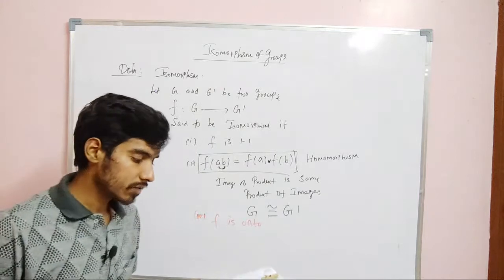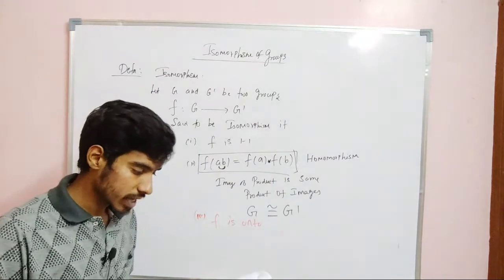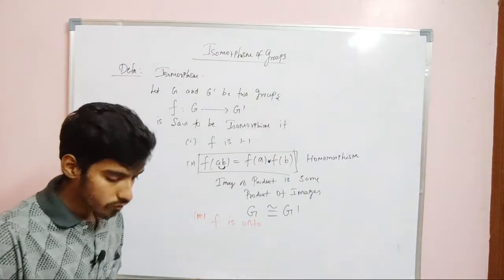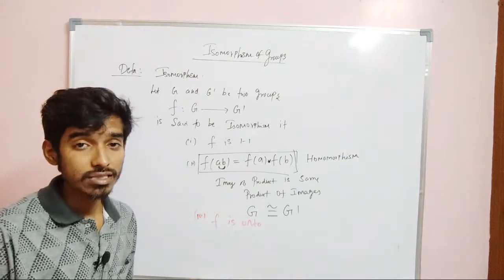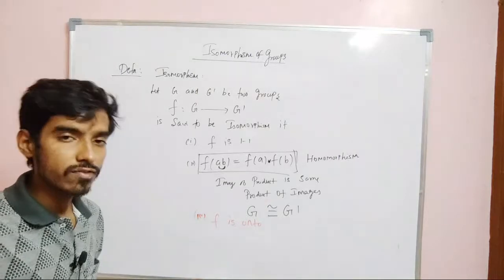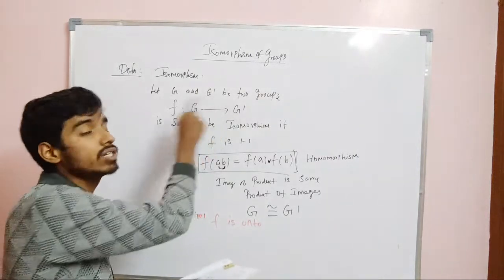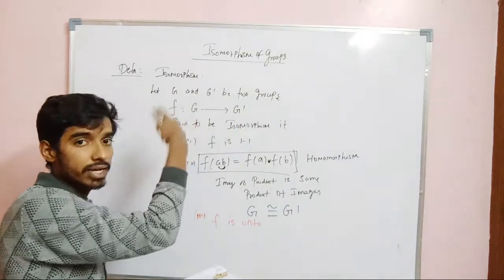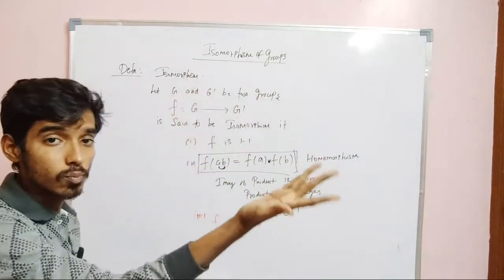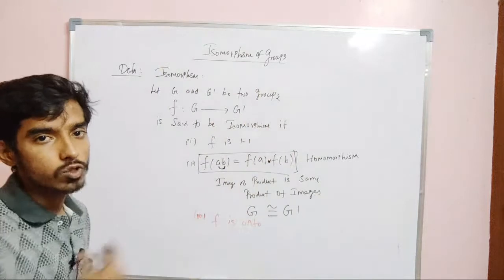So if group G is finite, then G can be isomorphic to G dash only if G dash is also finite, and the number of elements in G is equal to the number of elements in G dash. Also, if both are finite, the number of elements should be the same. Suppose this group has 4 elements, then we can define an isomorphism to some other group only if it also has 4 elements.